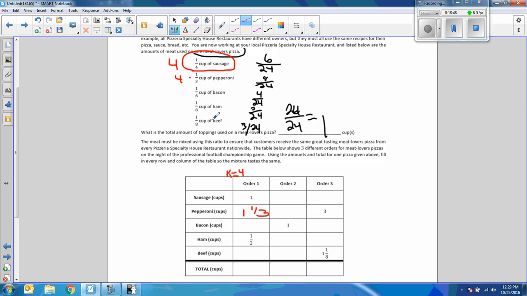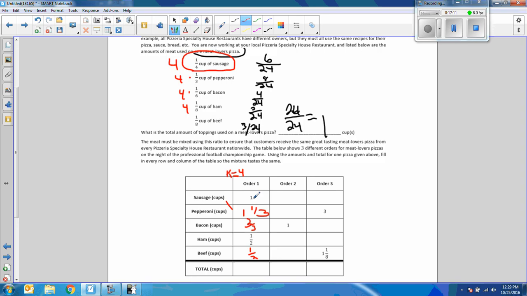And bacon, if I multiply that by 4, that's 4/6, and that reduces to 2/3. And then beef, or ham was already done, 1/2, so let's check that. 4 times 1/8 is 1/2. 4/8 is 1/2. So obviously if ham and beef are equal, then we're going to do 1/2 there.